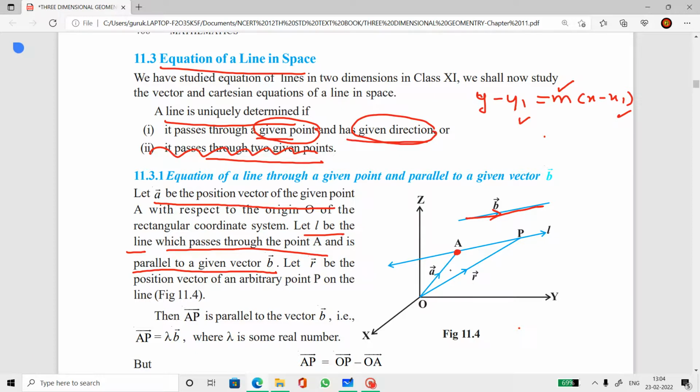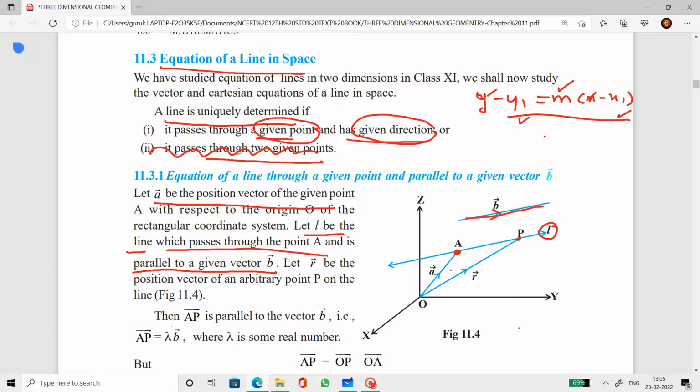Now we are asked to find the equation of this line L. As you can see, the line L is passing through A and P. So what is P? P is any arbitrary point. Whenever there is an equation, it is the path traced by a set of points. Correct? And obviously all the equations are in terms of x and y, isn't it? Even here x and y is there. So what is x and y? It is just an arbitrary point.